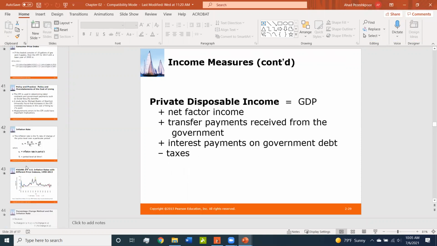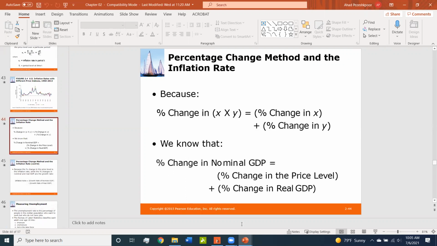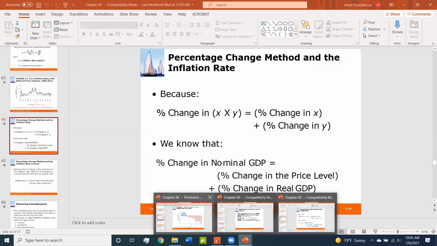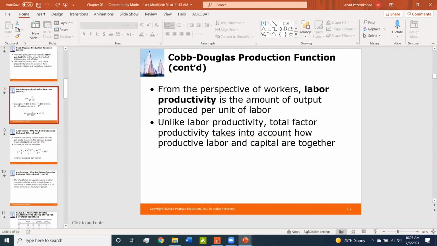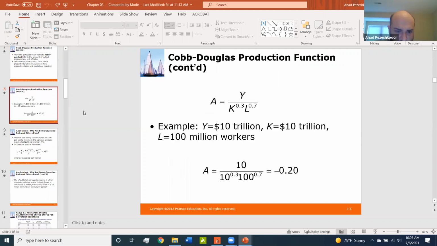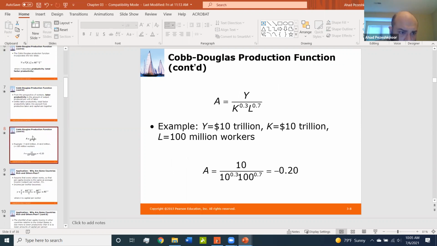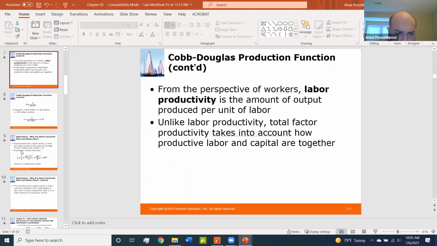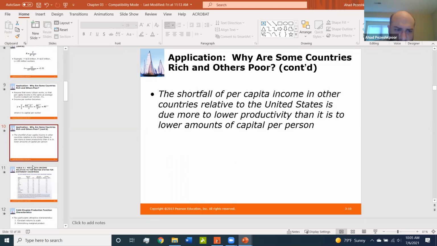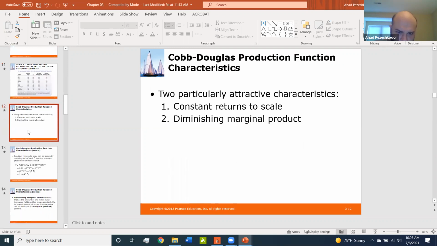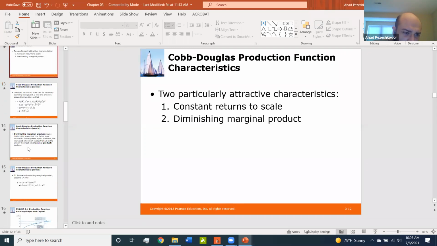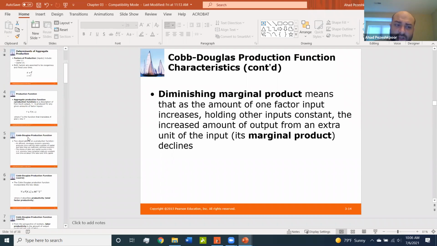I actually think I saw it on the chapter 3 slides. Slide 8, I believe. This is slide 8, chapter 3. This is the Cobb-Douglas function. Yeah, I'm pretty sure it is somewhere. I've already taught this, total factor productivity.